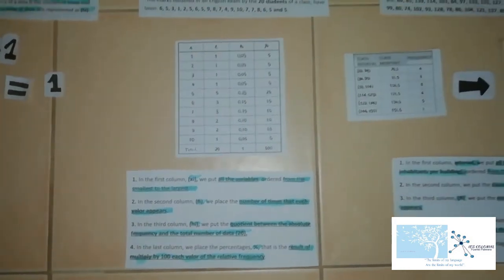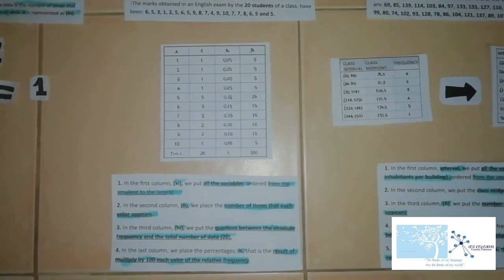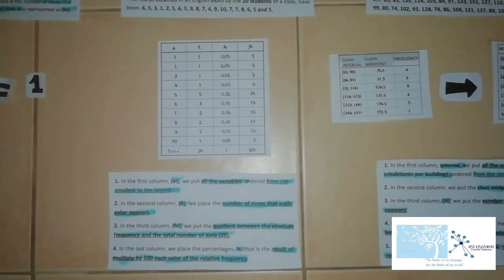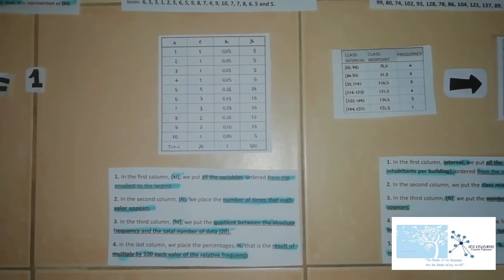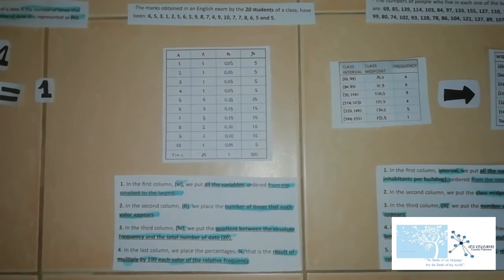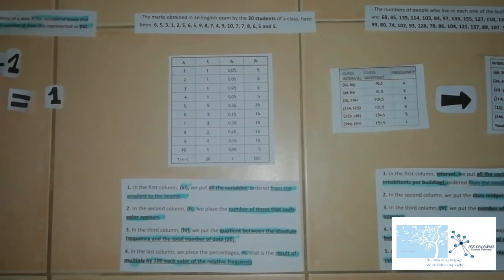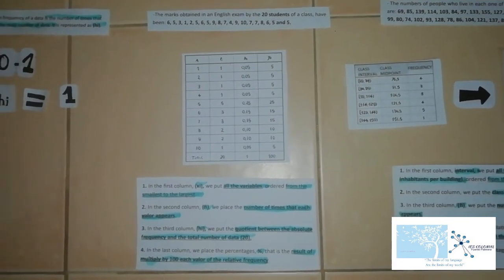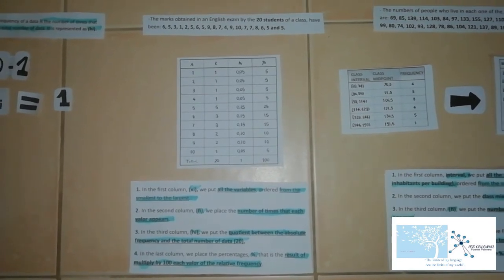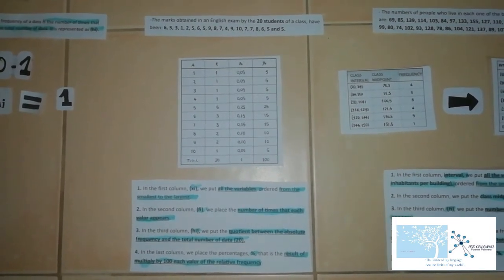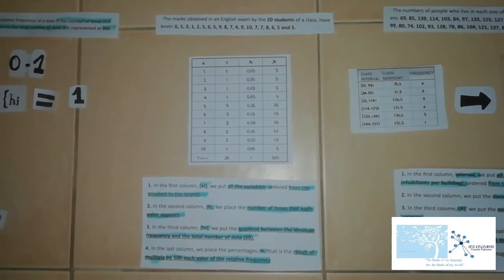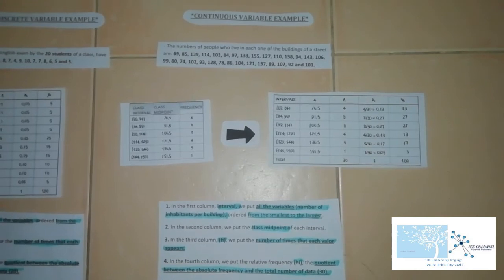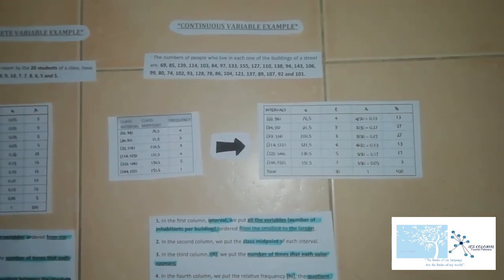In the second column, fi, we place the number of times that each value appears. In the third column, hi, we put the quotient between the absolute frequency and the total number of data, 20. And in the last column, we place the percentage, that is the result of multiplying each value of the relative frequency by 100.